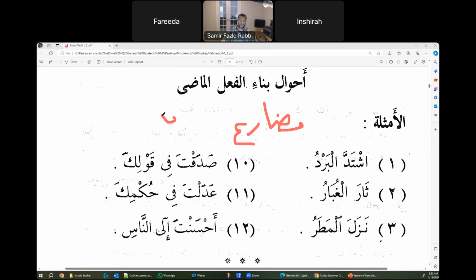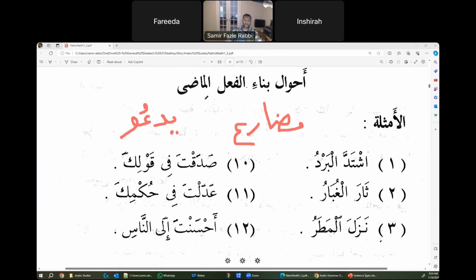It doesn't matter, right? So if it's yad'u, we would consider this to have a sukun right here, yad'u. And then if I put len before it, it'd be len yad'uwa.